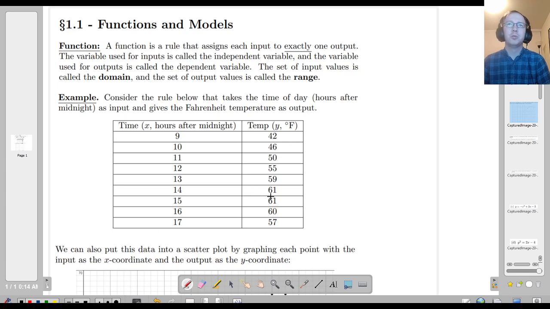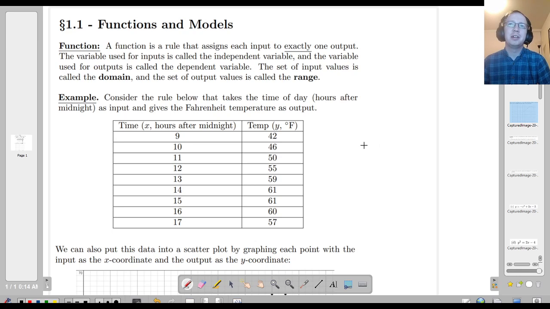So we've got a rule here where we're going to use as our input the time of day, measured in the number of hours after midnight. And our output is going to be the temperature, measured in degrees Fahrenheit. Okay, so these are our inputs, or you could say that this is our independent variable. And these are our outputs, which means we could call that the dependent variable. So x is the independent variable, y is the dependent variable.